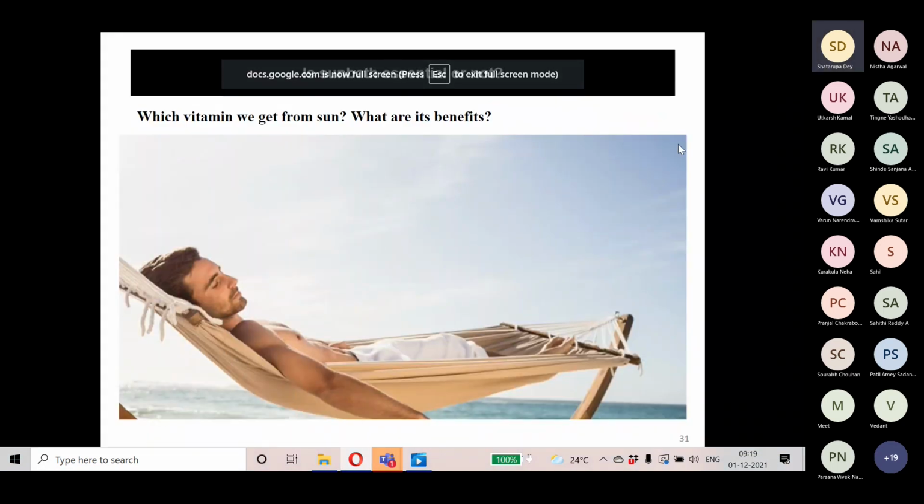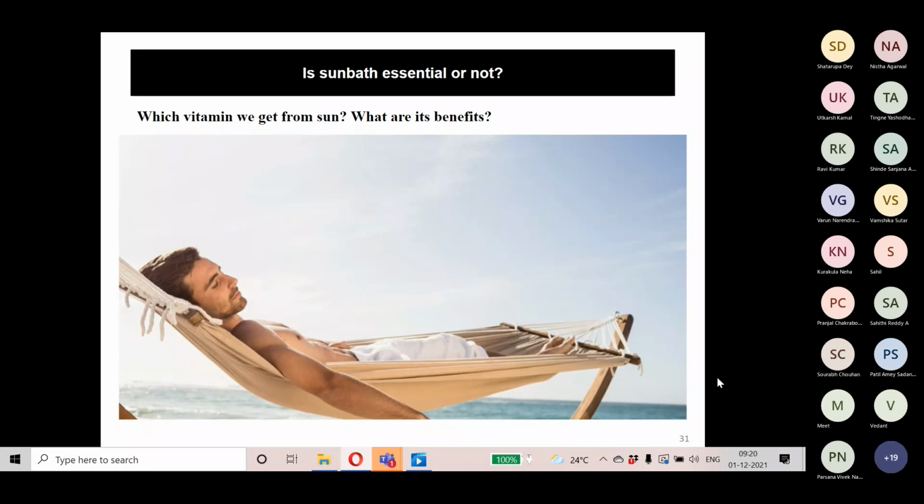So the next question is: is sunbath essential or not? Or we can say biologically, which vitamin do we get from the sun, and what are its benefits? I'm pretty sure you must know which vitamin we get from sunlight. So Sahiti, you can go ahead.